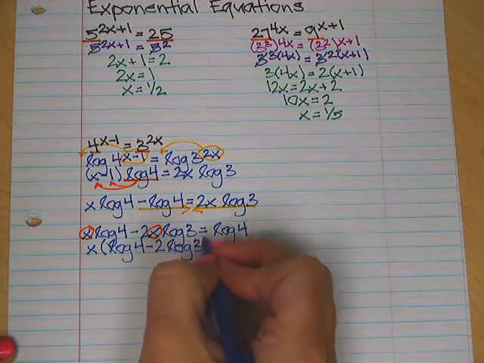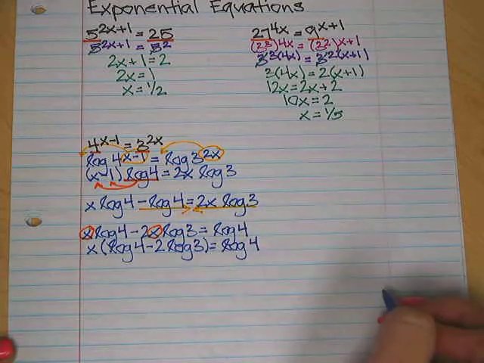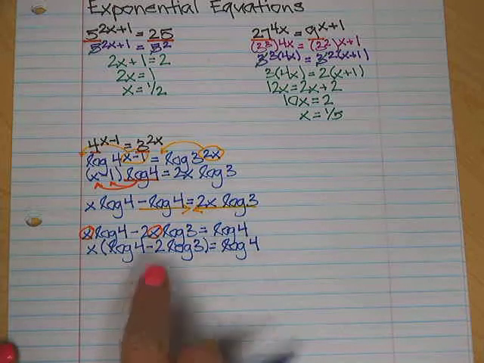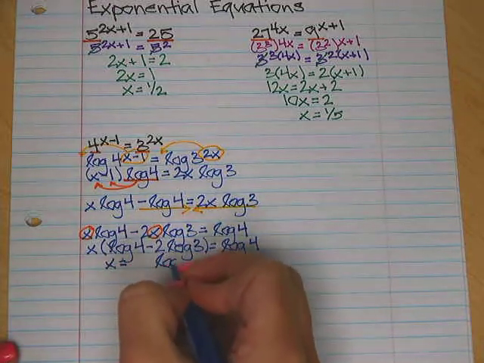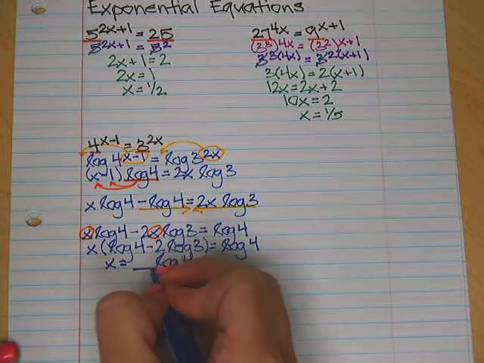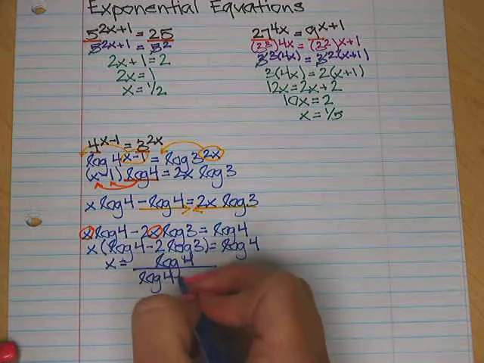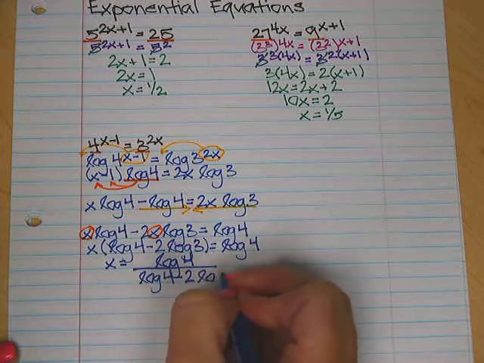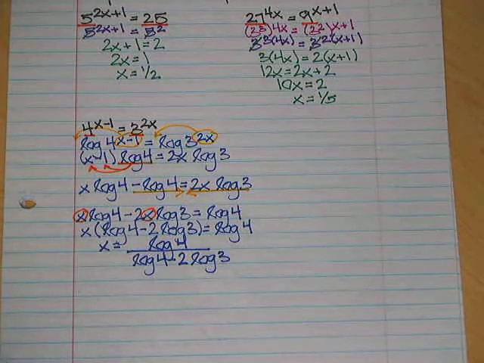So I would have x times (log 4 minus 2 log 3) equals log 4. And then to solve for x, we'll divide both sides by this expression. So x equals log 4 divided by log 4 minus 2 log 3.